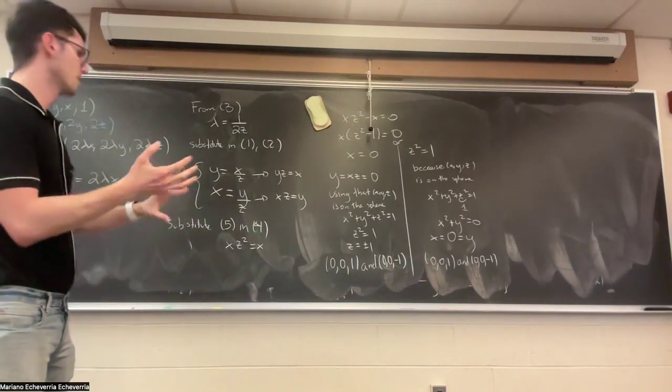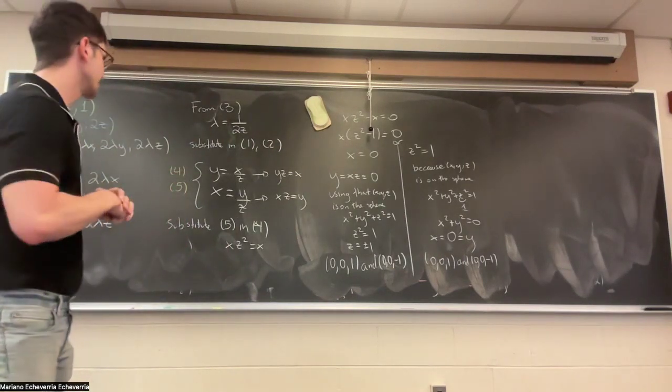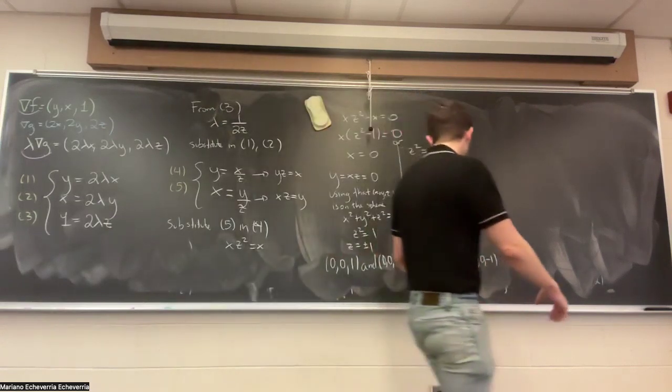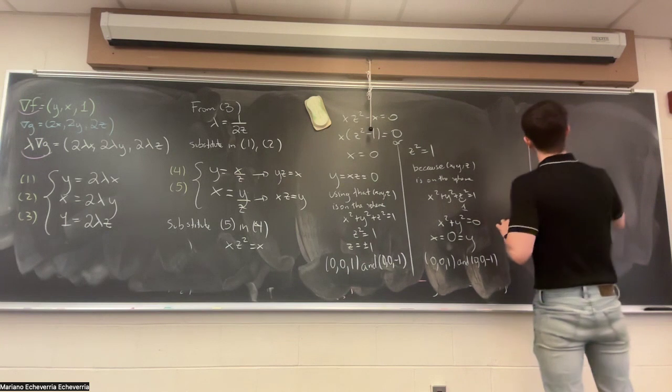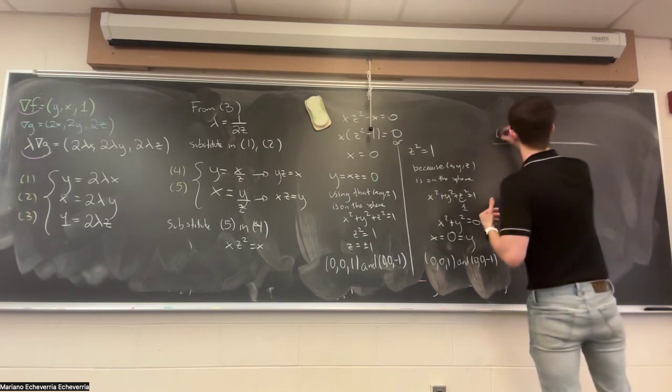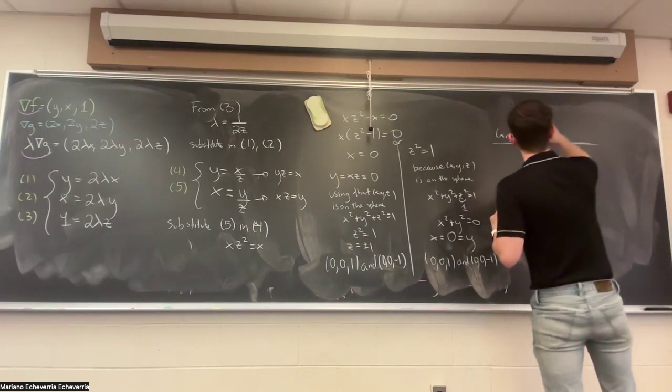I'm almost done. So that means that in this case you have 2 critical points, and it's similar to what we did with the max-min problem from the beginning.